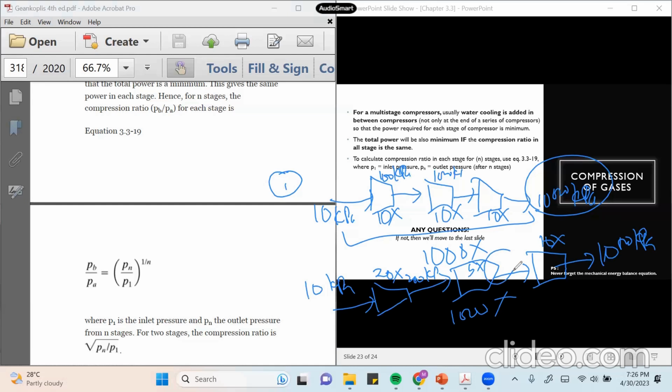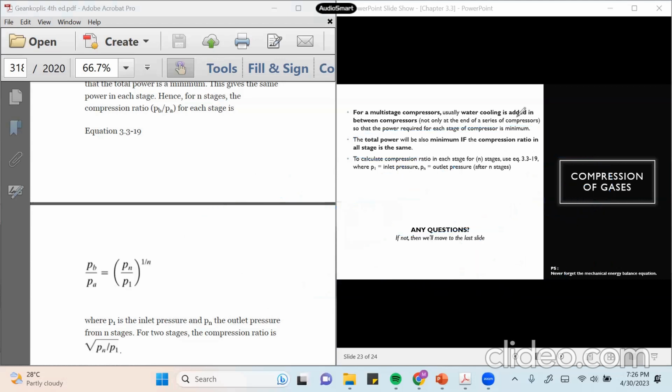The same, right? However, the power required for the second case is higher than the power required for the first case, because of this theory: the total power will be minimum if the compression ratio in all stages is the same. I hope that it clears up the theory.